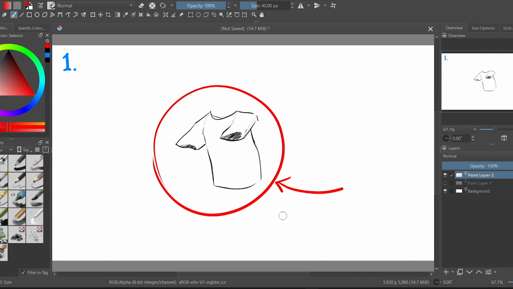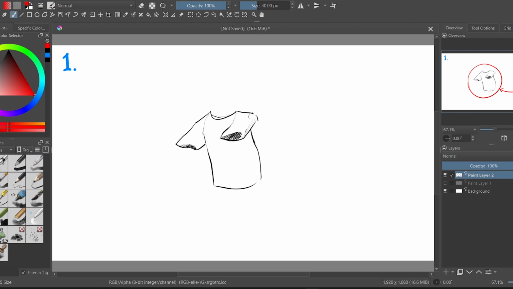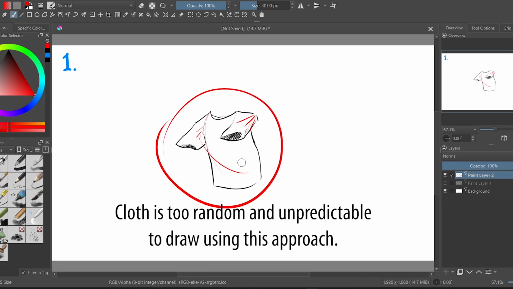But when you're drawing clothes, don't think about the t-shirt as a single object and then think, okay, where do the wrinkles go? Where do the folds go? Where do the tension points go? Don't approach drawing cloth in that way.